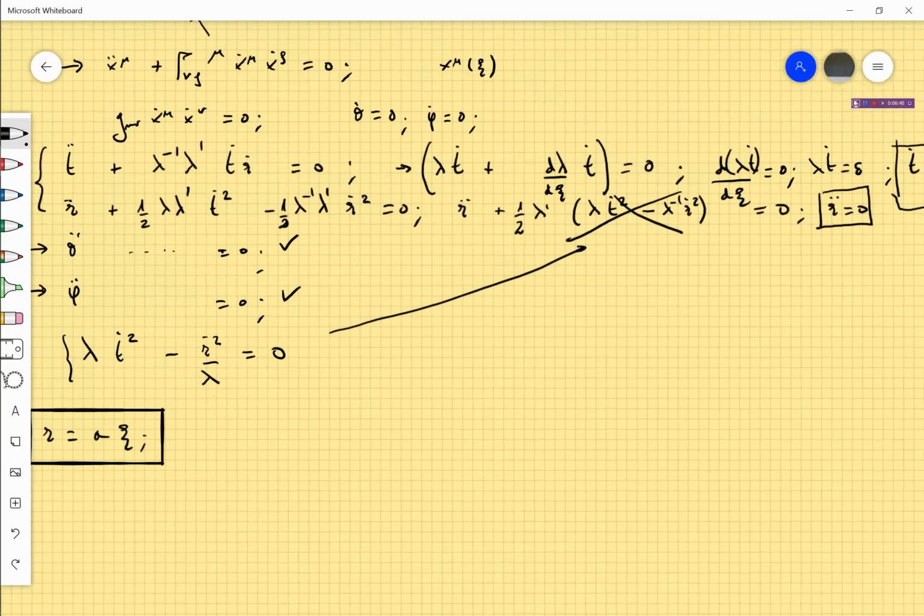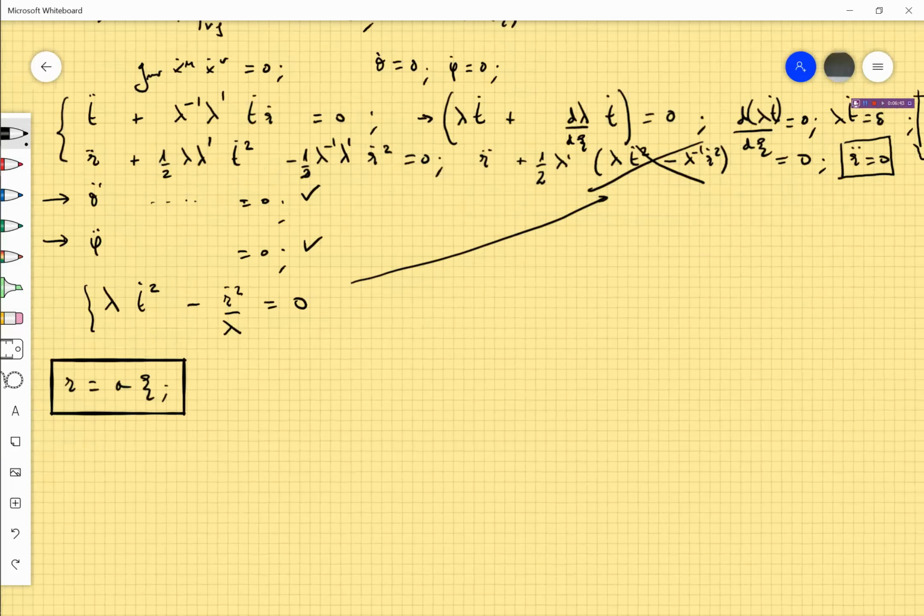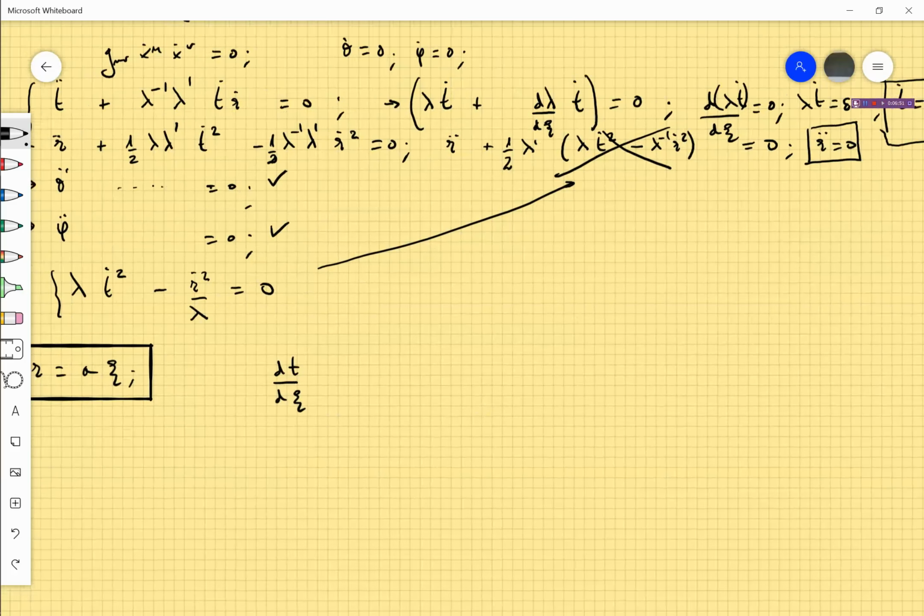Now you can go to the equation for time, because you have t dot equal to epsilon over lambda. Lambda is 1 minus rs divided by r, but r is a function of psi. This means that we can integrate it. This is just a function of psi. So, as usual, we are going to integrate it.